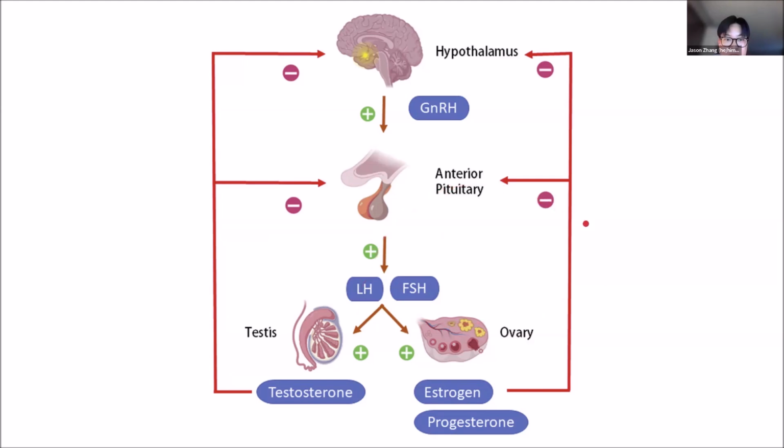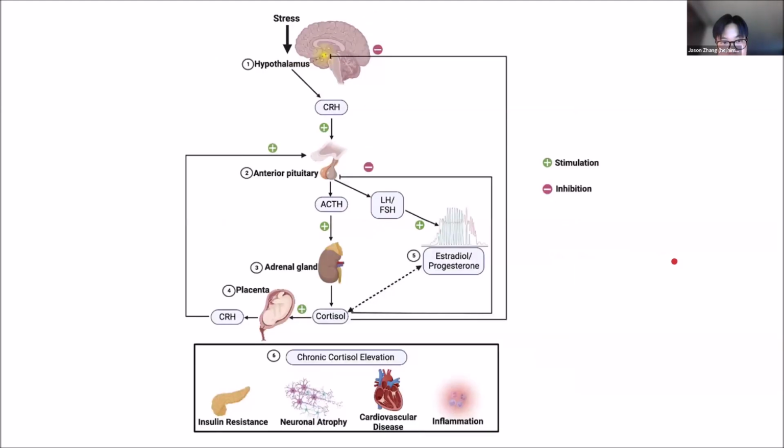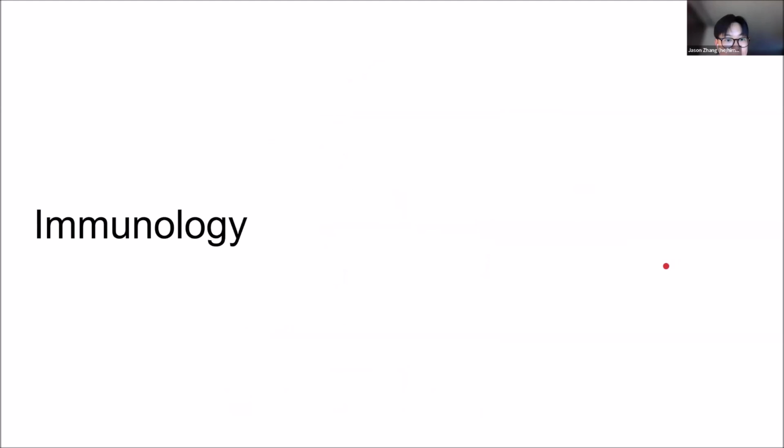What happens if there's a drug that inhibits the anterior pituitary, or a disease that interferes with estrogen production? What would happen to the upstream and downstream hormones? And same for the ACTH stress pathway, same thing.